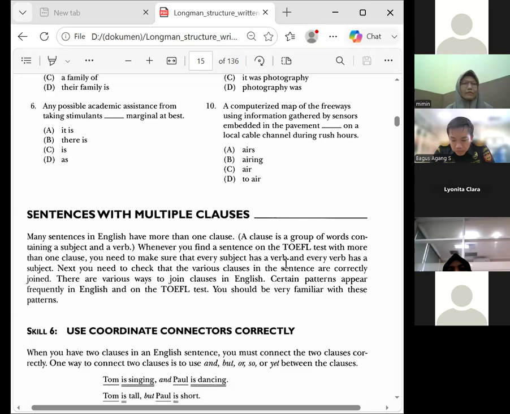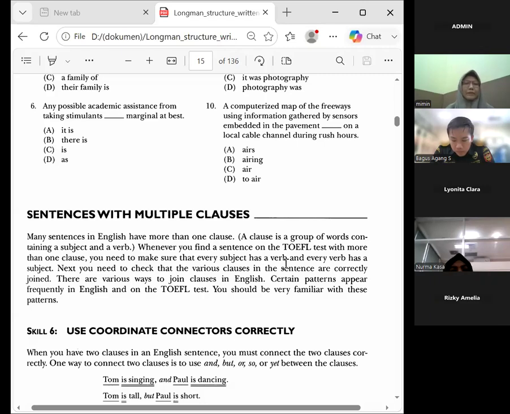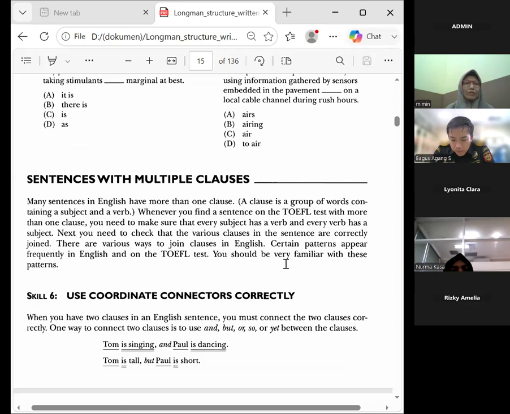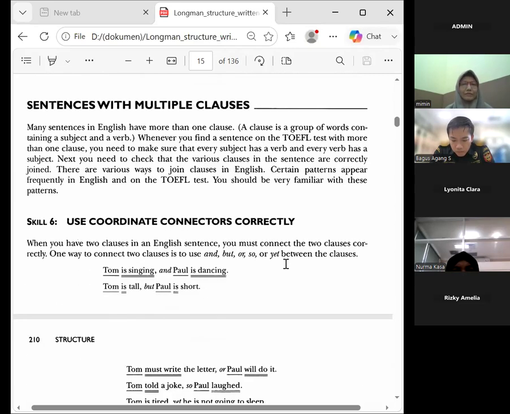Now let me start with my presentation. So we go from the long one first. Can you all see my presentation now? This is sentences with one clause.